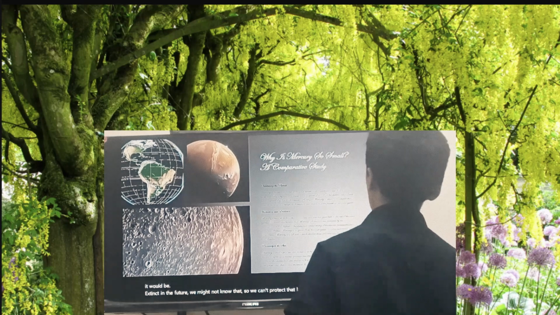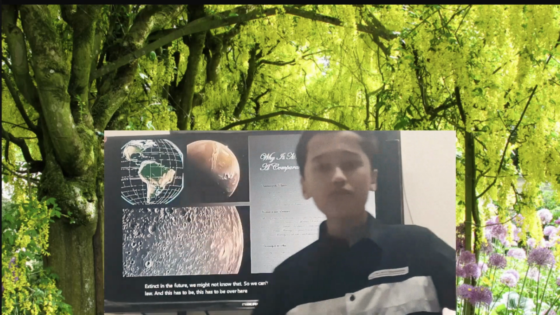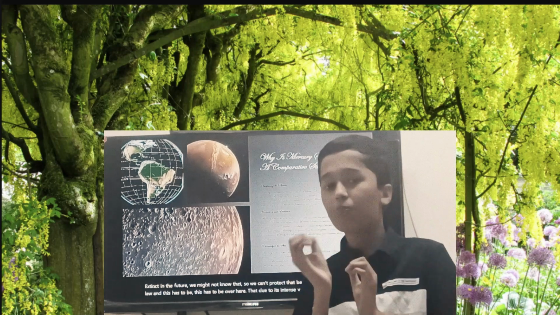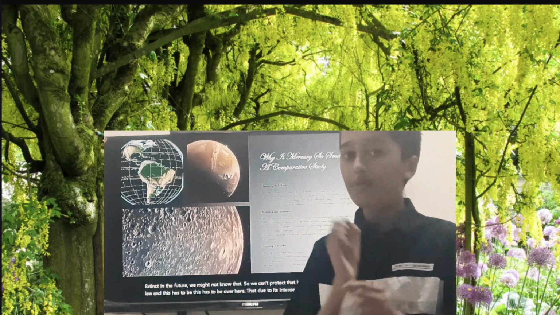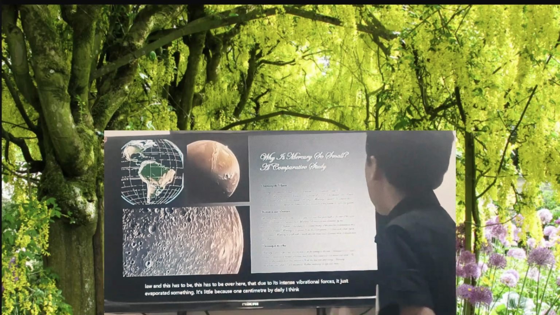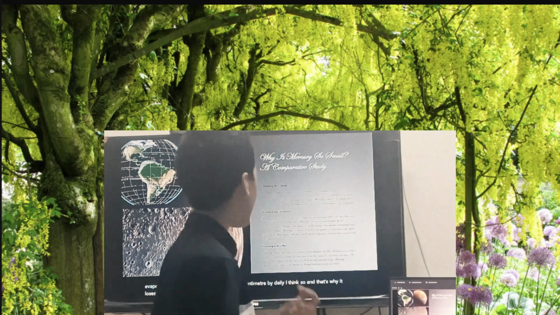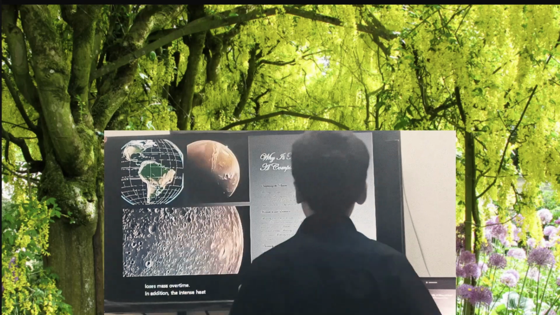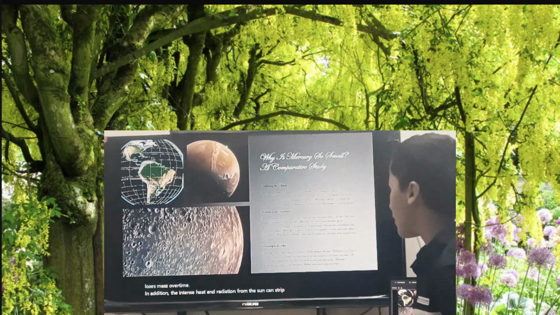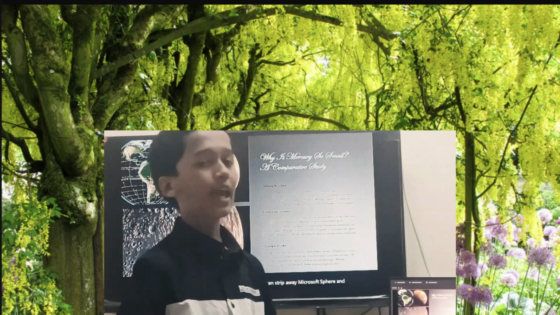Due to its intense gravitational forces, it's getting a little evaporated, about 1 centimeter a day, I think, and that's why it loses mass over time. In addition, the intense heat and radiation from the sun can strip away Mercury's atmosphere and other materials, further reducing its mass.